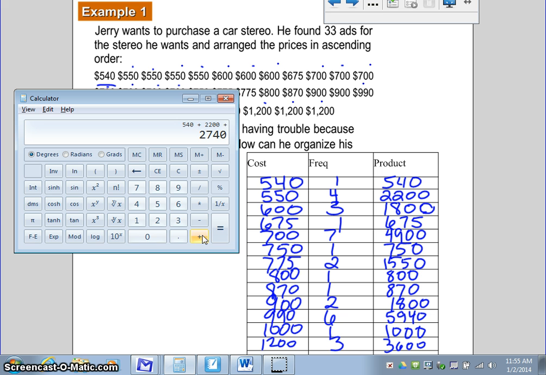Notice I'm adding up the last column, the product column, plus 1,800 plus 675 plus 4,900 plus 750 plus 1,550 plus 800 plus 870.